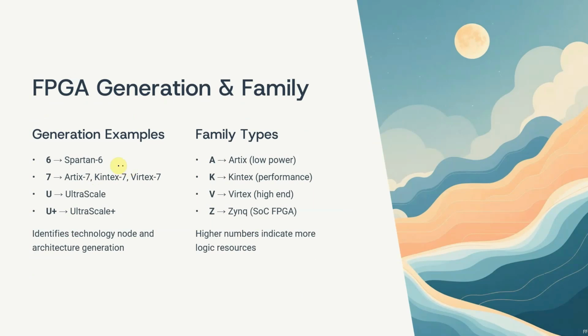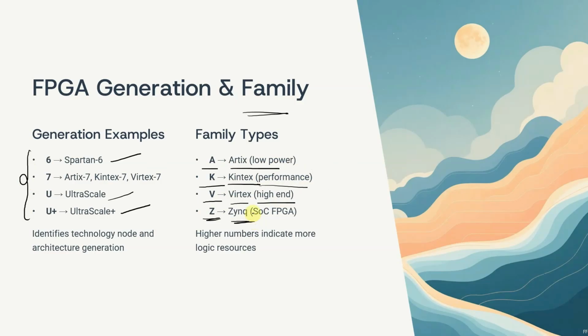Now, next is FPGA generation and family. For example, the generations we have are Spartan 6, Series 7, UltraScale Plus. These are the generations which we have in our FPGAs. A stands for Artix, which is a low power FPGA. K stands for Kintex, which is a performance FPGA. V stands for Virtex, which is a high end FPGA.